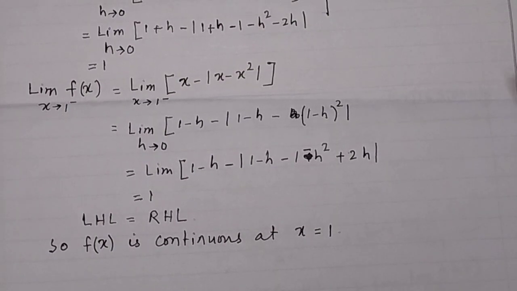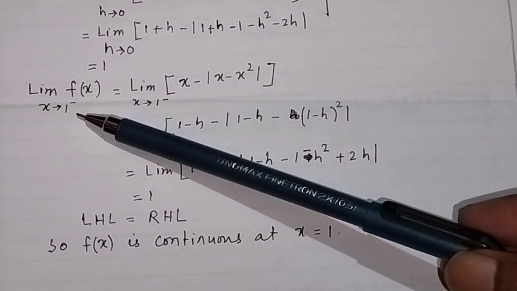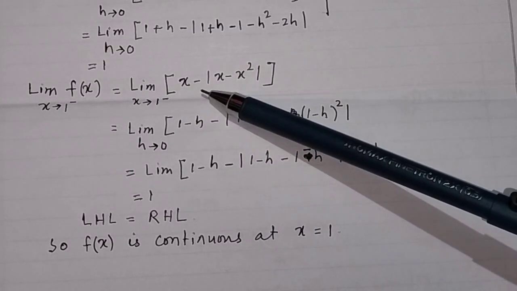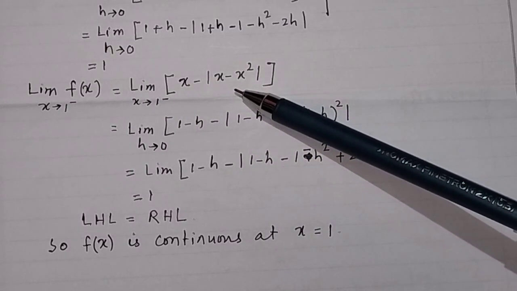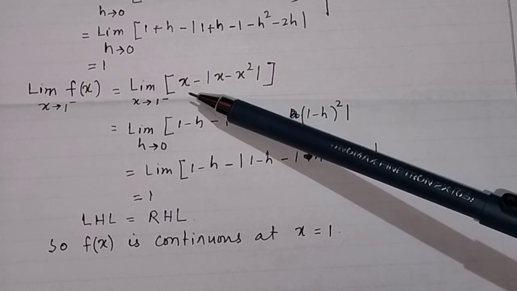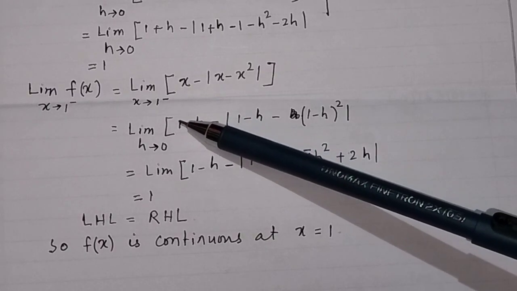Now check for the left hand limit. For the left hand limit, the limit of the function f(x) as x approaches 1 minus is equal to the limit of x - |x| - x² as x approaches 1 minus. So you put x = 1 - h, that means slightly less than 1.